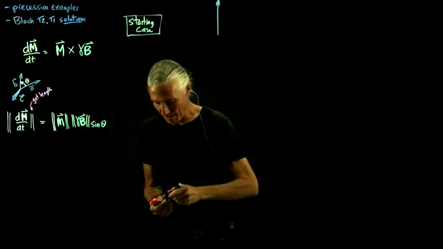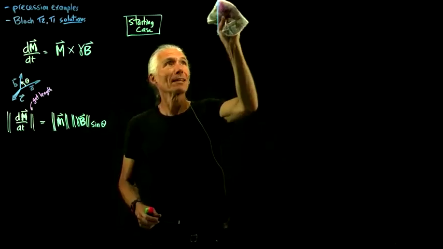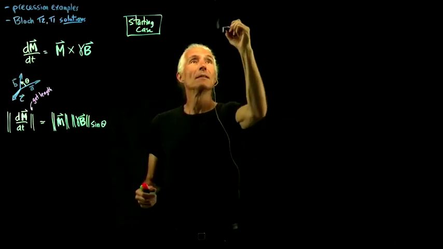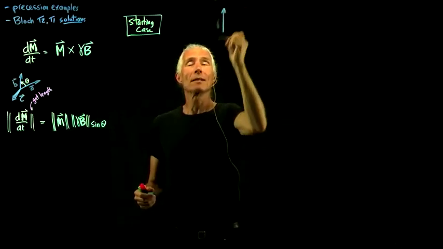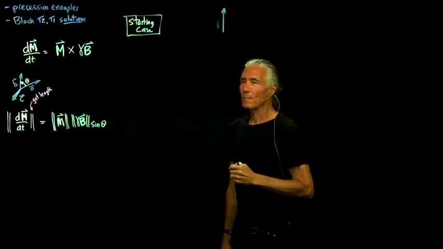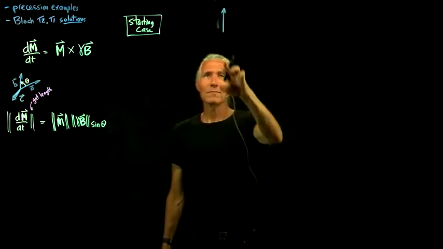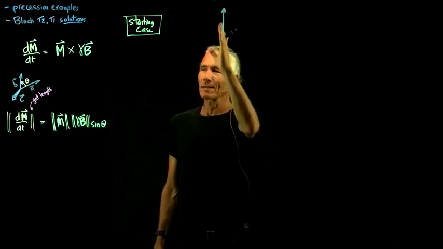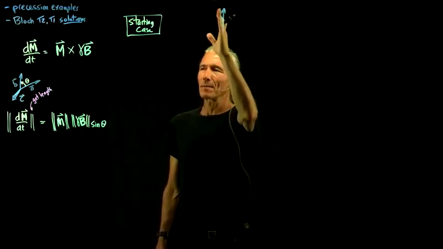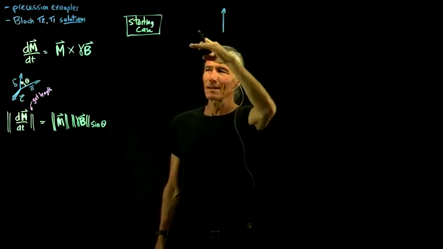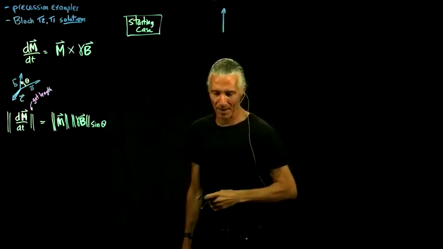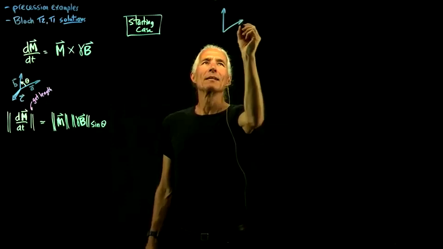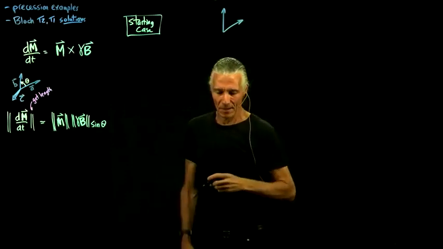Make it a little shorter so I can lengthen it later. Okay, so that's our B field. Remember, we've rotated things vertically, so the main B0 field is horizontal in the actual physical MRI magnet. Okay, and then here we've got our M vector.